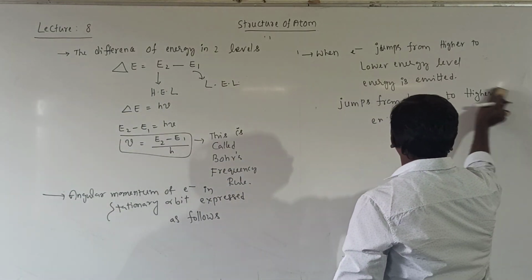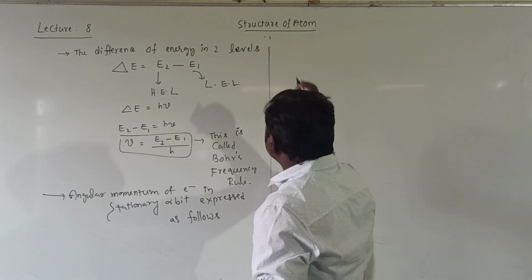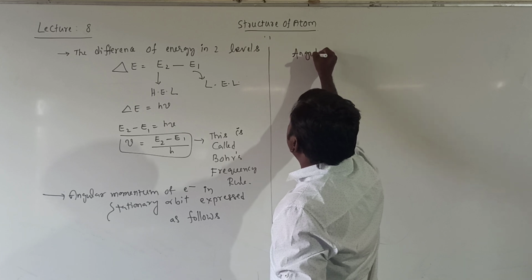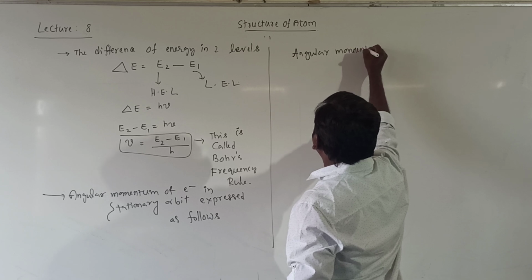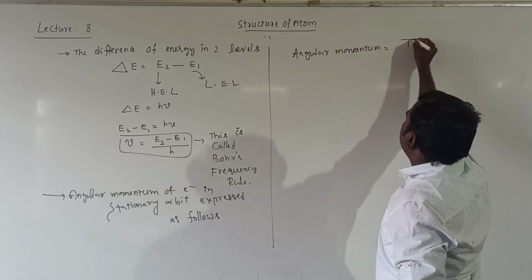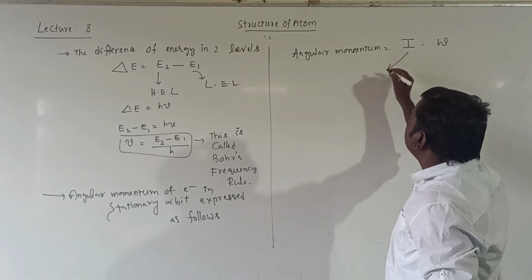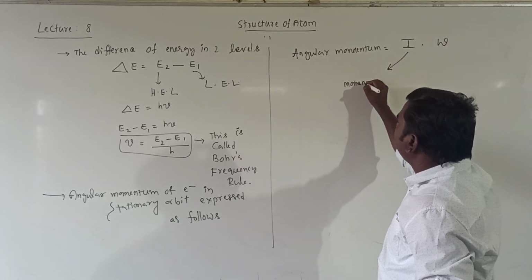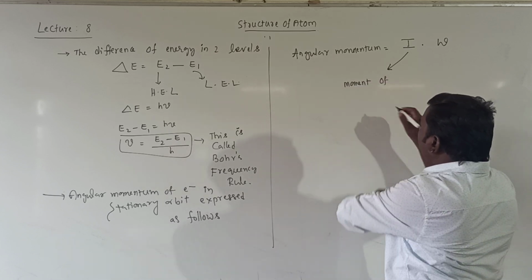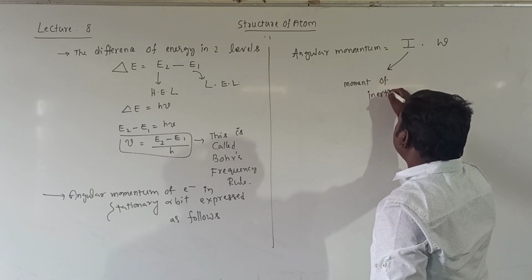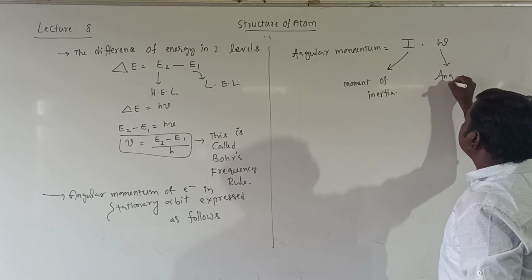How do we write the angular momentum of an electron? Angular momentum of electron is equal to I into omega, where I equals the moment of inertia and omega equals the angular velocity.